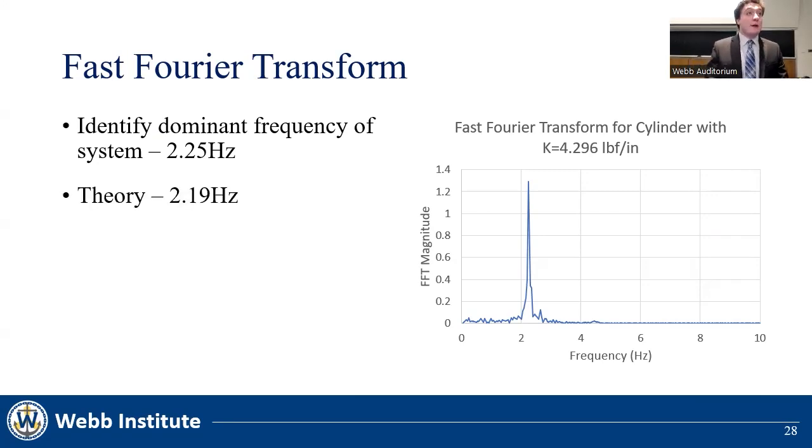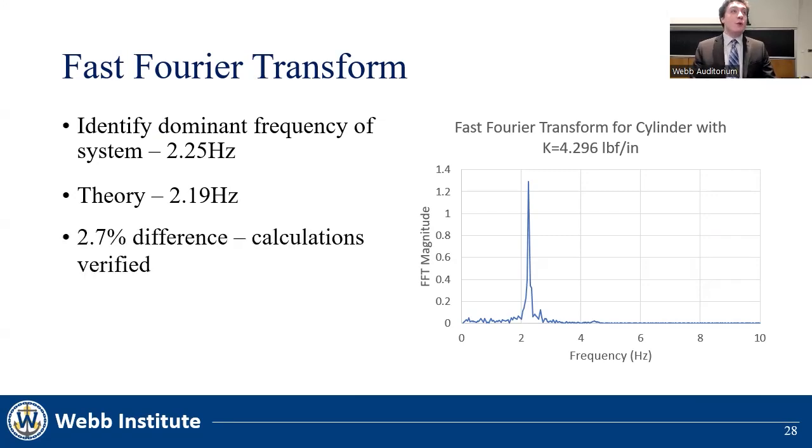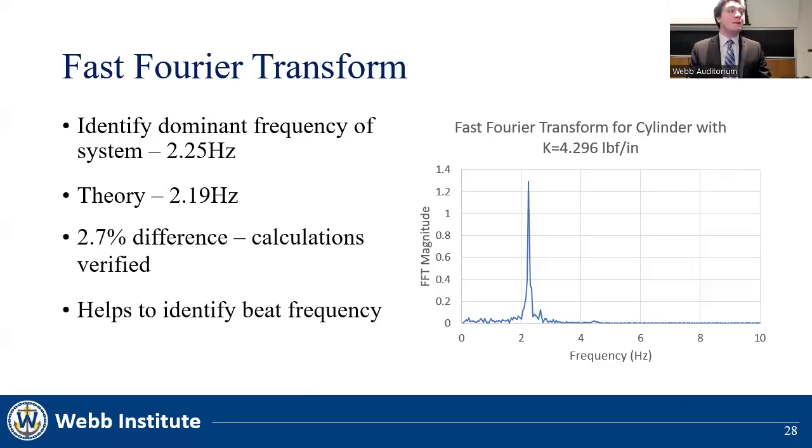From our theoretical calculations, which Miguel described earlier, we calculated a natural frequency for this condition of 2.19 hertz. With a 2.7% difference, we are confident that our calculations are correct and use them to proceed through the rest of our testing program. This fast Fourier transform also helps us to identify beating frequencies at play in the system, which can be seen in some of the smaller spikes present around a single large one.